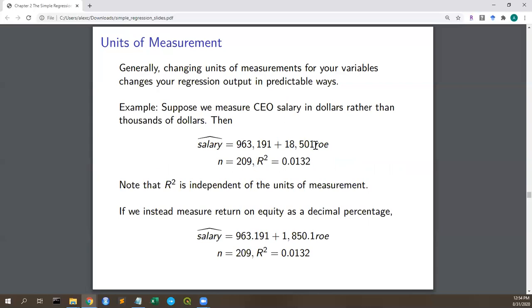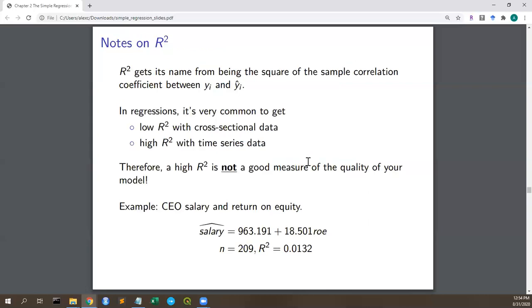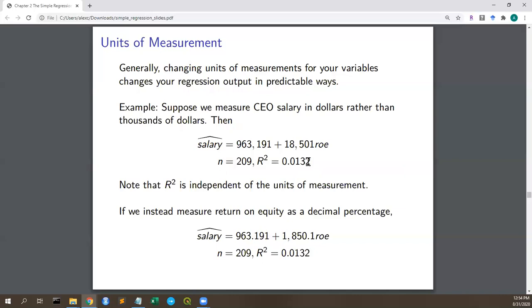And that's important, because you want to make sure that you're making the right interpretation. The R squared is exactly the same. The sample size is exactly the same in both of these. So R squared does not care about your units of measurement. And then the same thing here is we instead measure return on equity as a decimal percent instead of a regular percent.